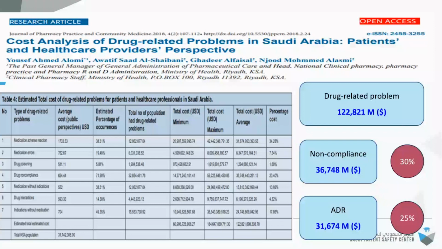The highest percentage of the drug-related mortality and morbidity was non-compliance or adverse drug reaction, while non-compliance represents almost 30% of the cost, with the adverse drug reaction representing 25%. Also, I can say the third problem can also be medication without medication or medication errors. That gives you some picture about drug-related mortality and morbidity, including medication error and adverse drug reaction.